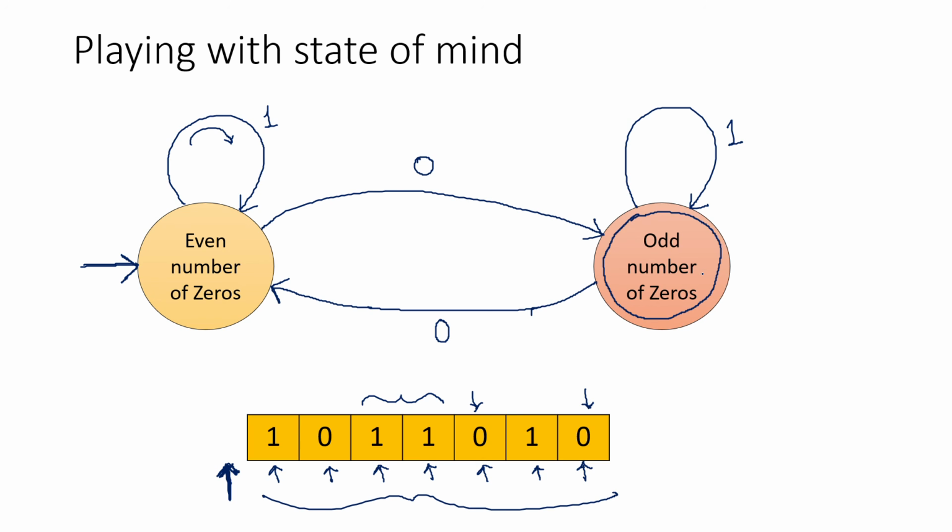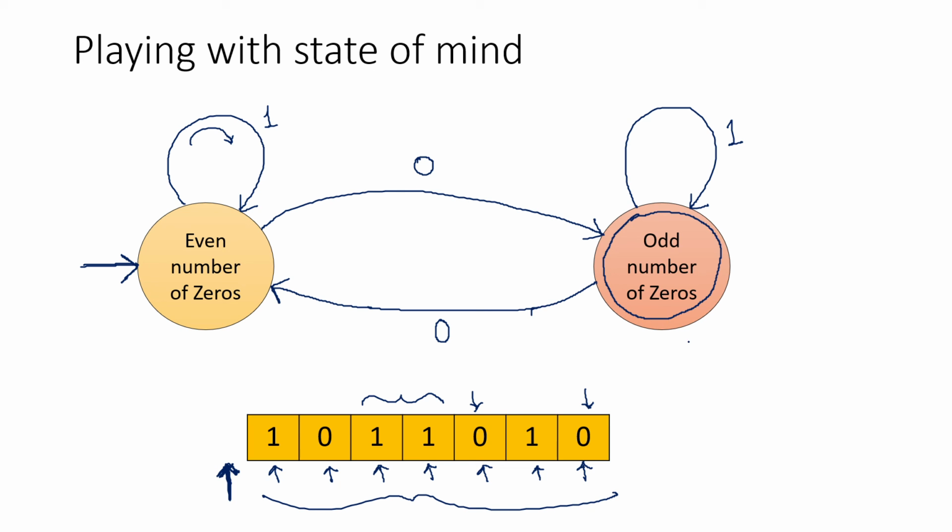That will represent that this is a final state. So after reading some string, if ultimately you are in this state, that means the finite state machine has accepted. The finite state machine will accept those strings which, on reading, leave the machine in one of the final states.